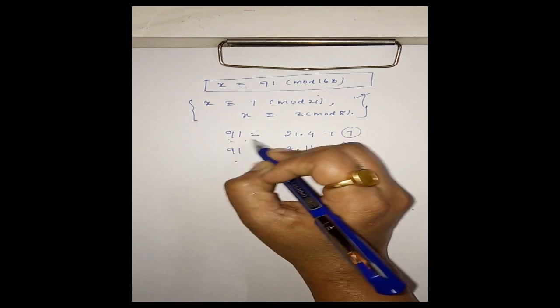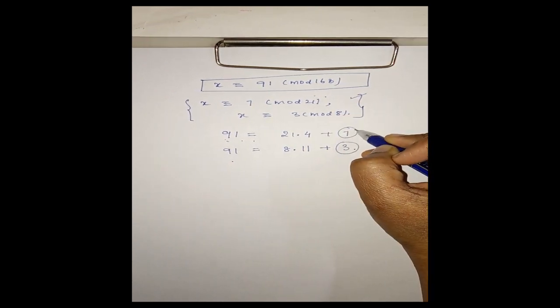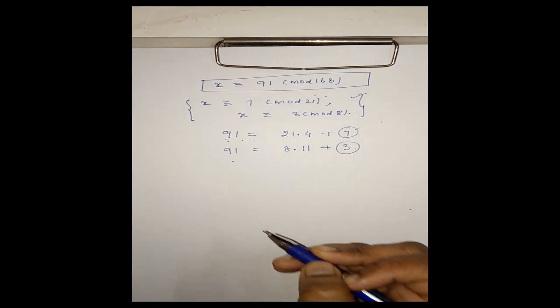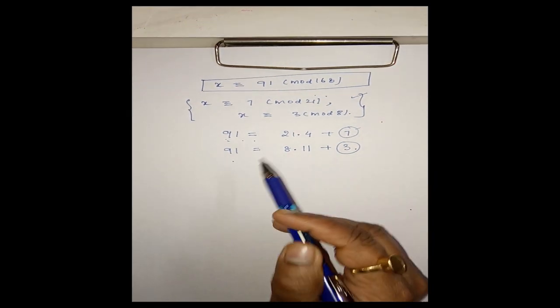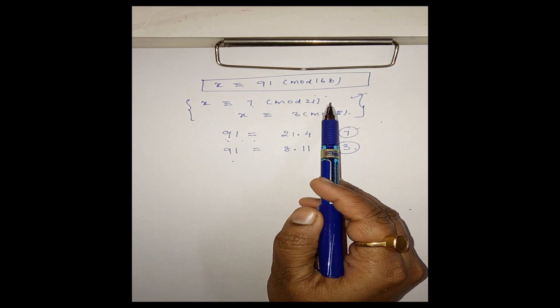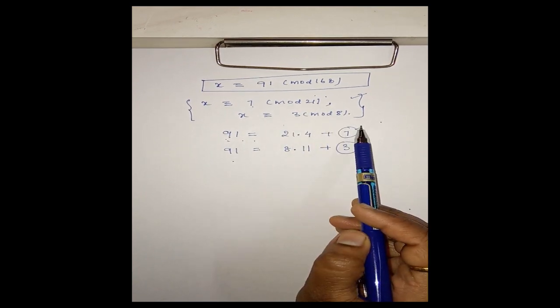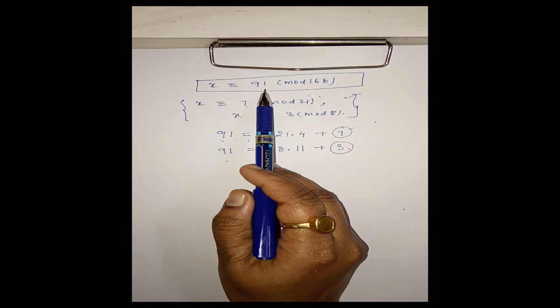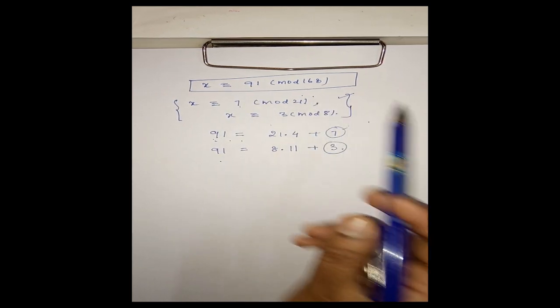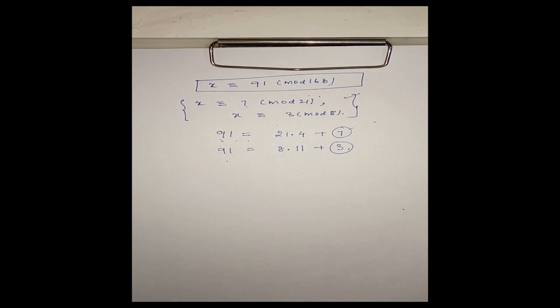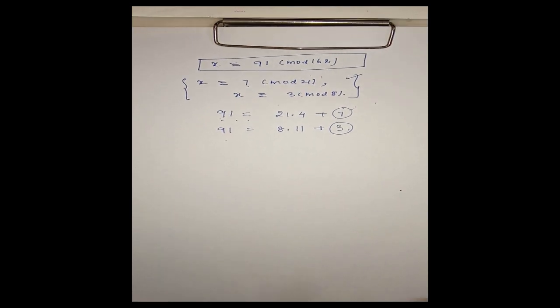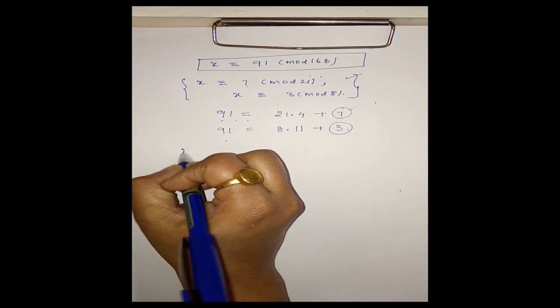And when we divide this number by 21, we have the 7 as a remainder. That means 91 is the smallest positive number, which gives 7 as a remainder when divided by 21 and gives 3 as a remainder when divided by 8. That means x is congruent to 91 modulo 168 is the solution of given system of congruences. Clear? Now we come to second problem.